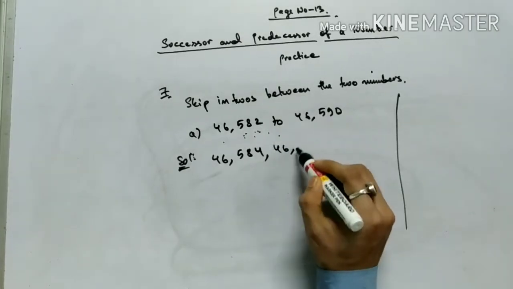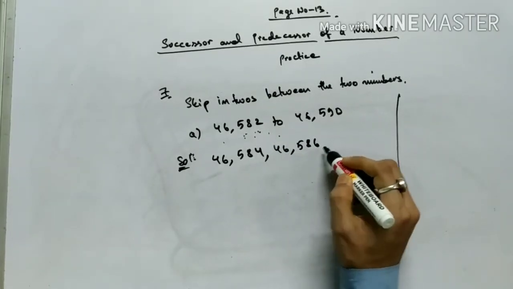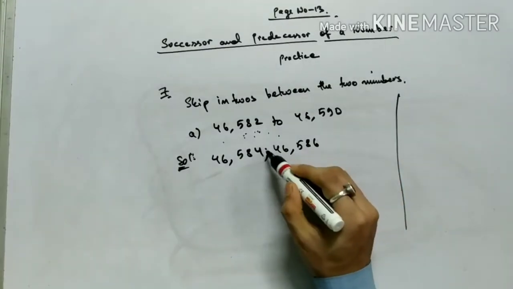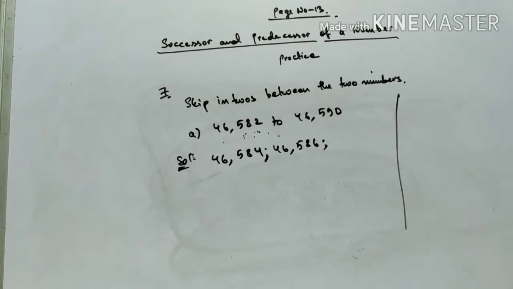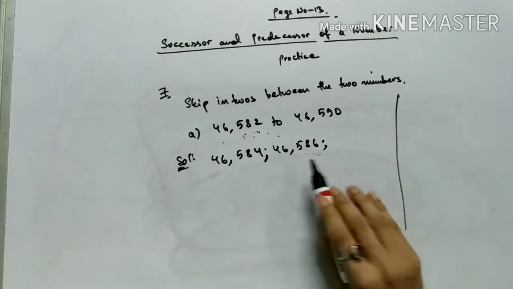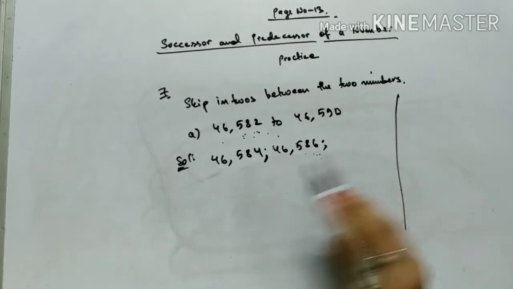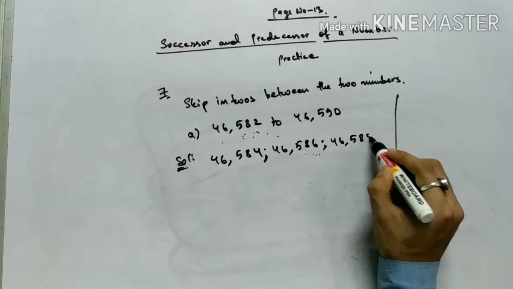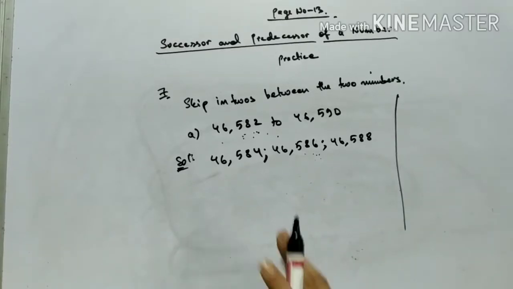So I will write 46,586. And then next one again 46,586, then 46,587, then comes 46,588. Okay, that is skip in twos.